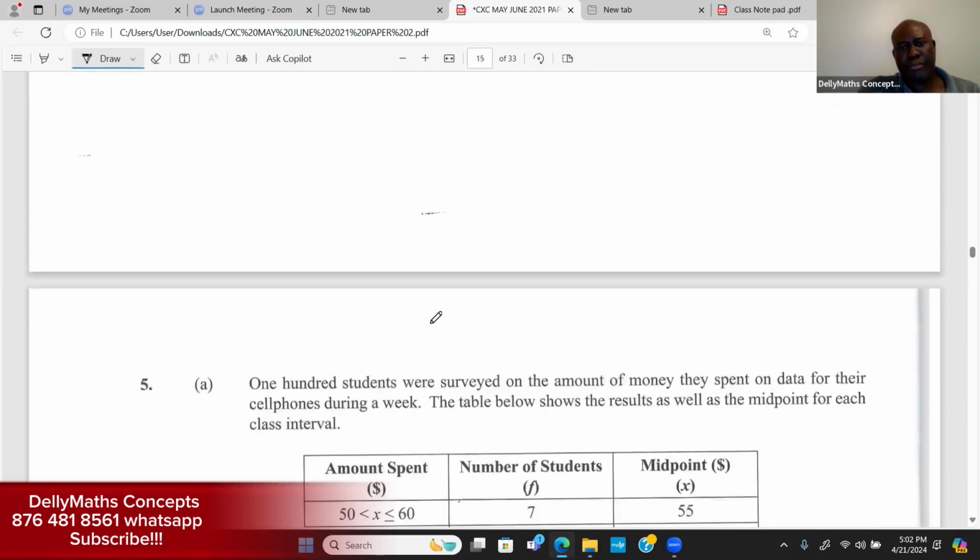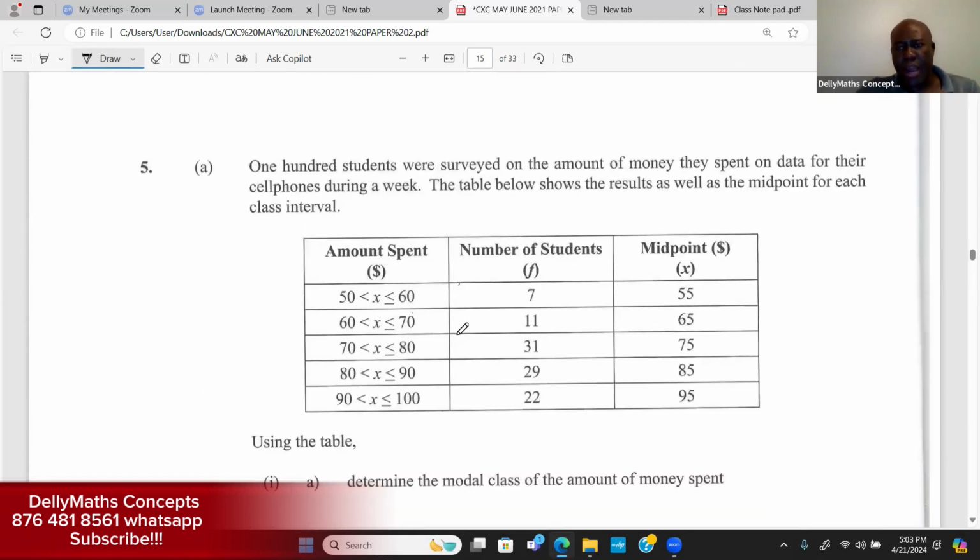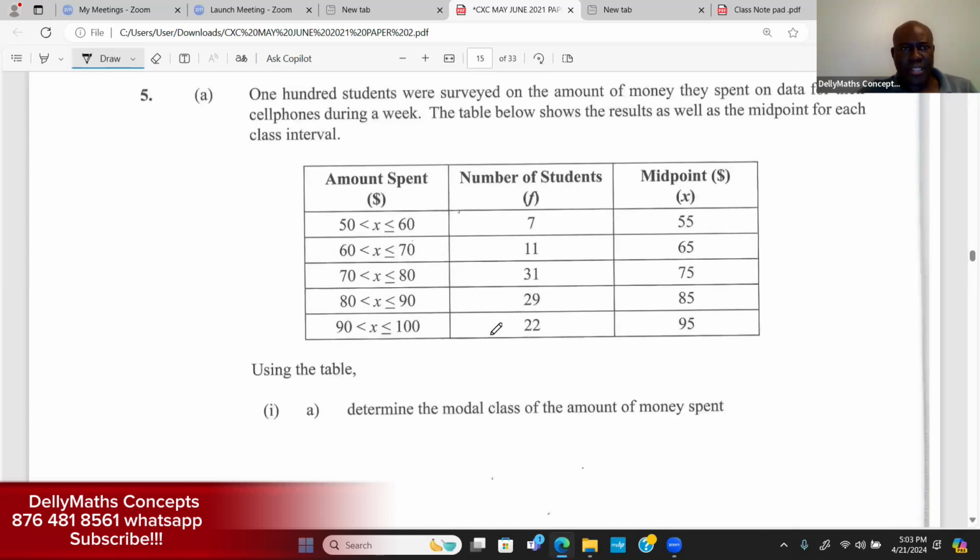We're done? All right. Oh, yeah, we have stats. So here's a statistics question. It says 100 students were surveyed on the amount of money they spent for their cell phones during a week. The table below shows the results as well as the midpoint for each class interval.